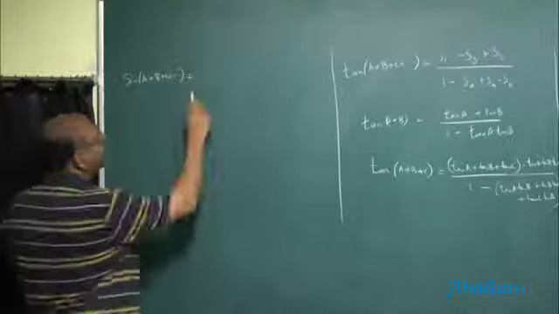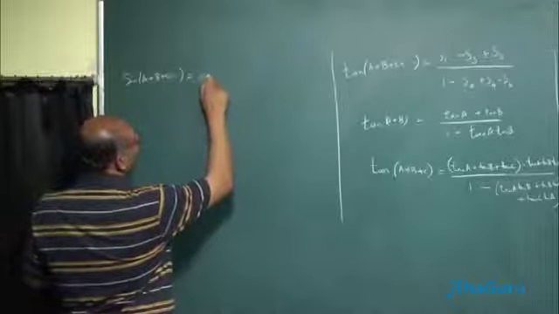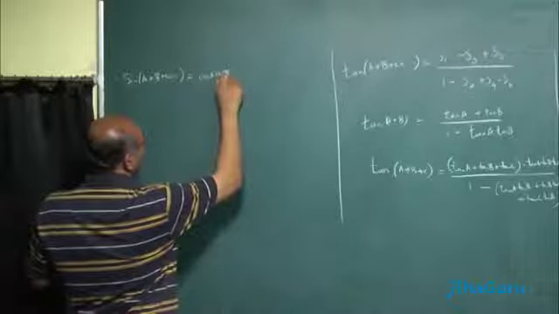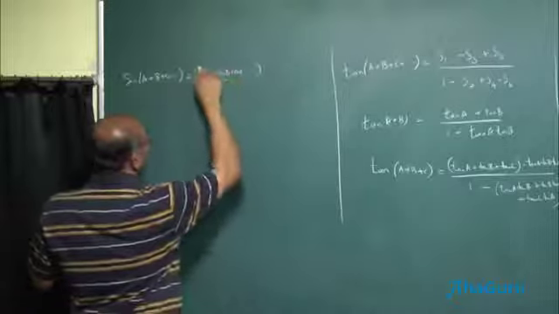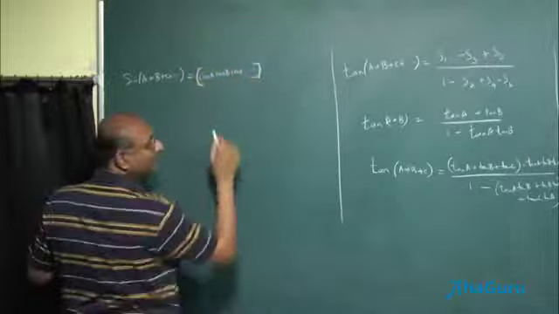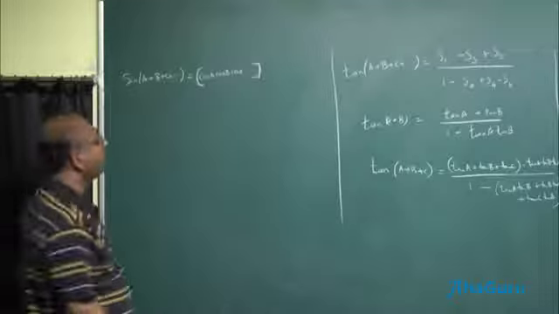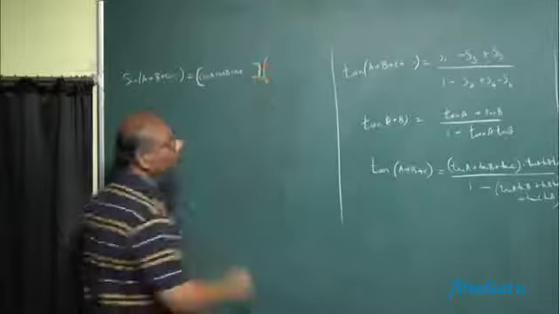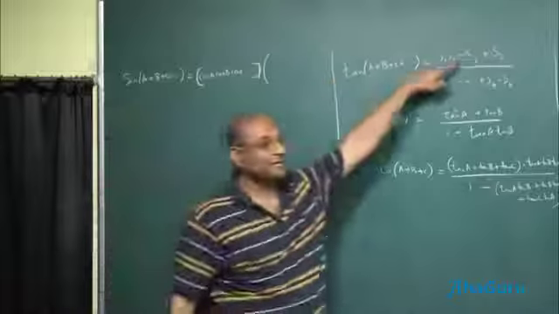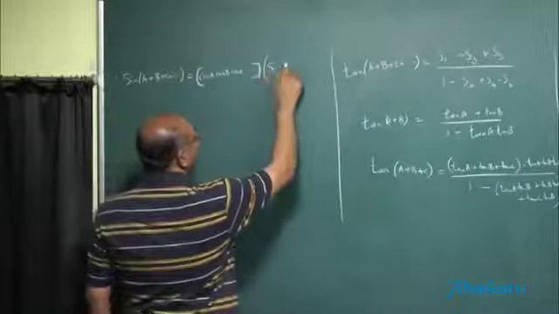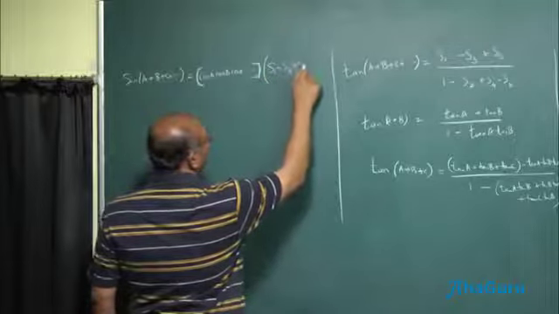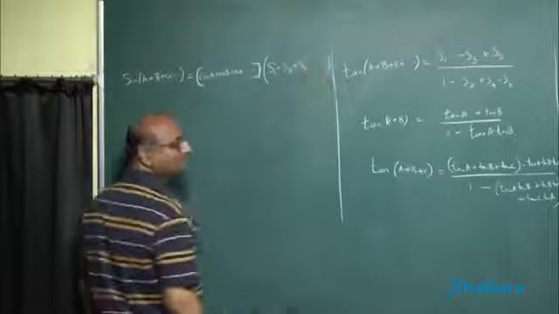Turns out to be cos A, cos B, cos C, dot, dot, dot, into the numerator of that fellow, S1 minus S3 plus S5 minus and so on.